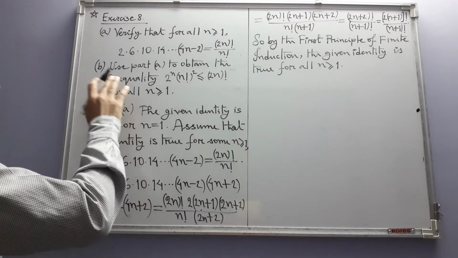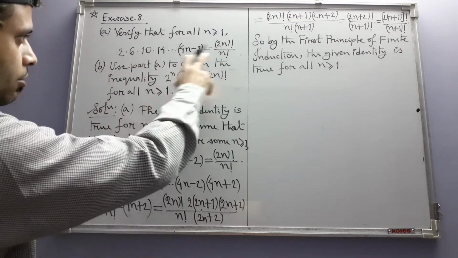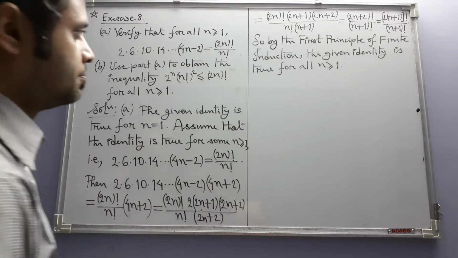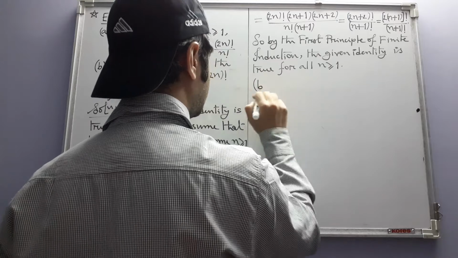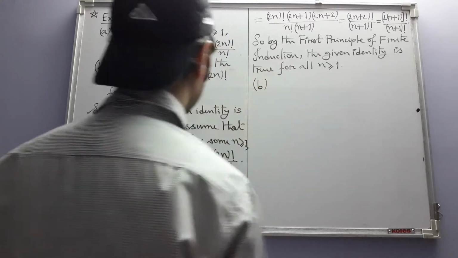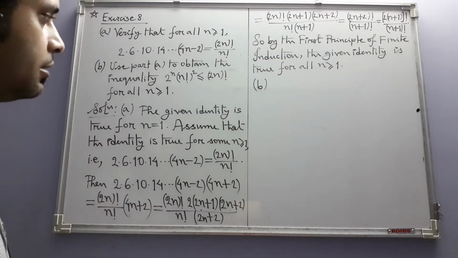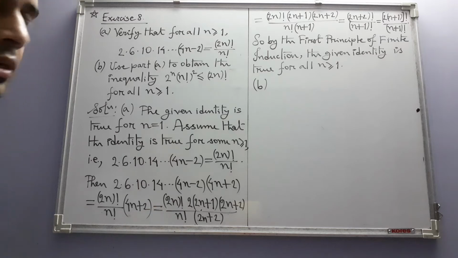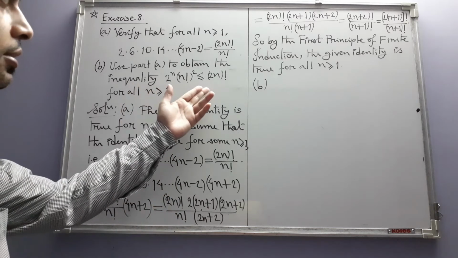Now the next part asks us to use this identity and obtain this inequality. So this is part B. For that we claim another inequality, and we prove that claim using induction, which will then help us get this inequality.